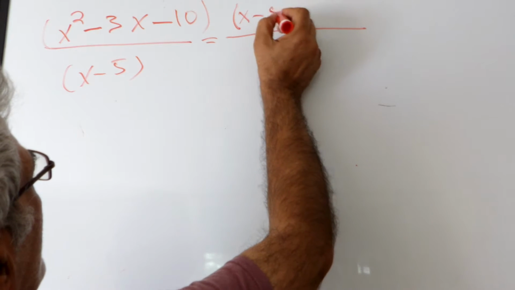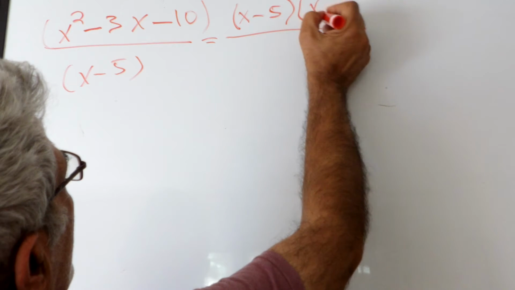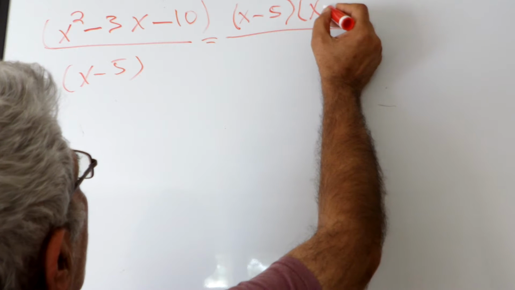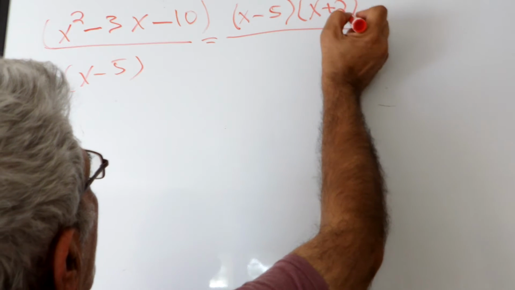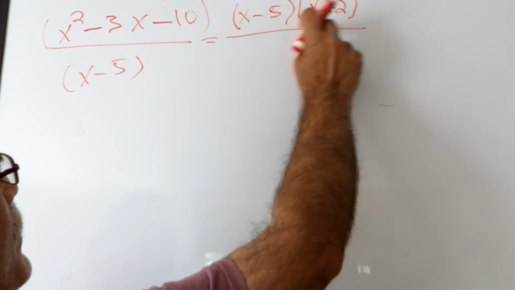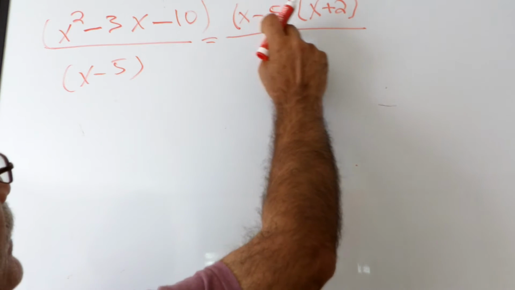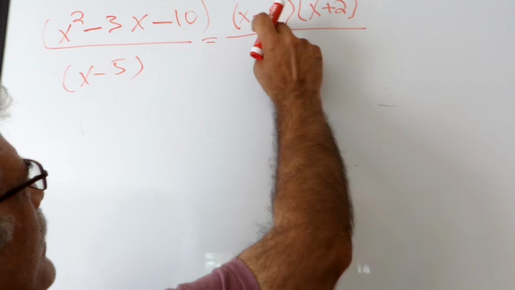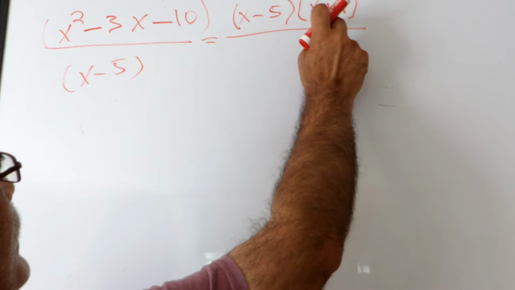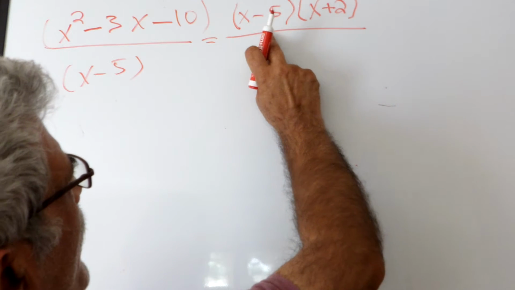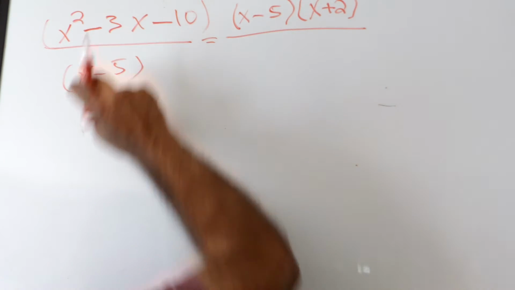The way to solve it, as we talked about earlier, is that x minus 5 and x plus 2, the multiplication of those two is going to be this one. The subtraction is going to be minus 5 plus 2, which is minus 3.